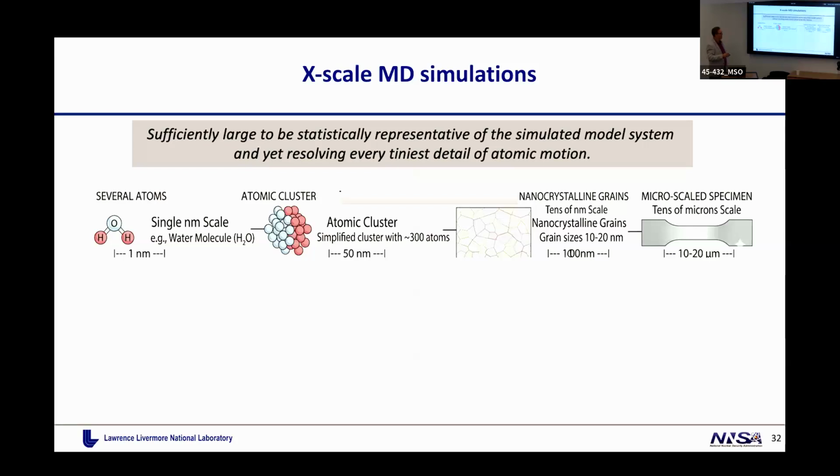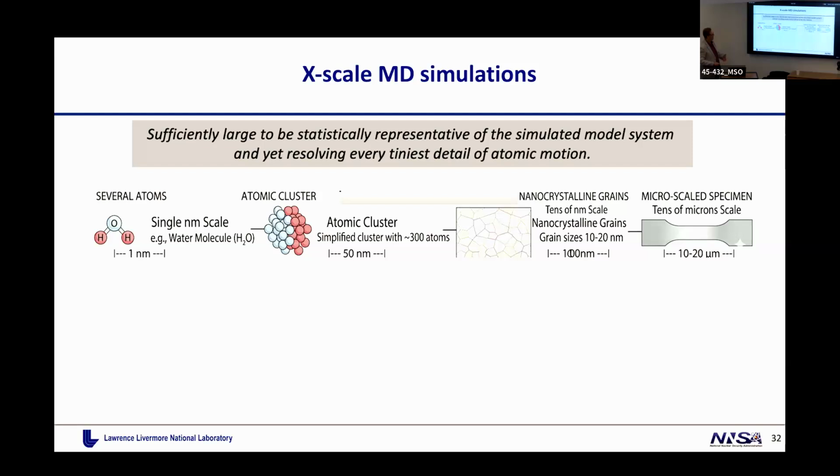But they're also statistically representative of the complex behaviors that we're going after, and yet they resolve every tiniest detail. So it is simultaneously a perfect computational microscope. You can look at every detail you care for. You can see every wiggle of the stress-strain curve, what is underneath, what's happening at that time, what causes it, and so on.